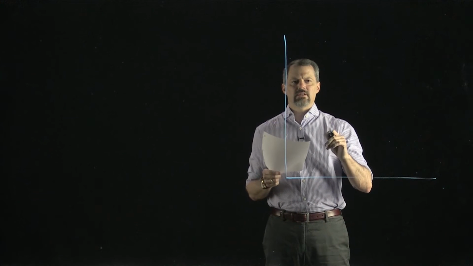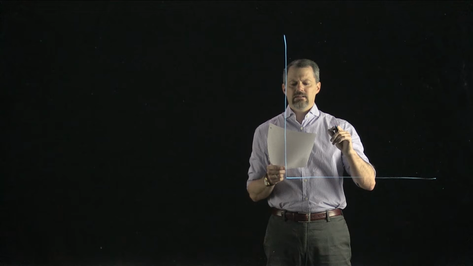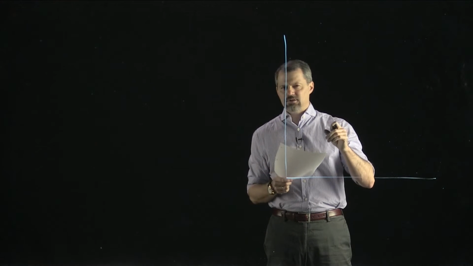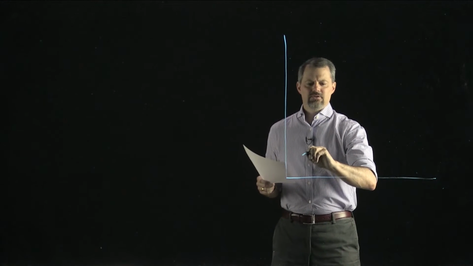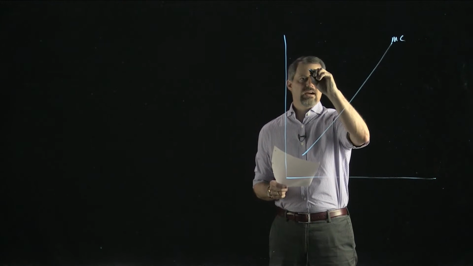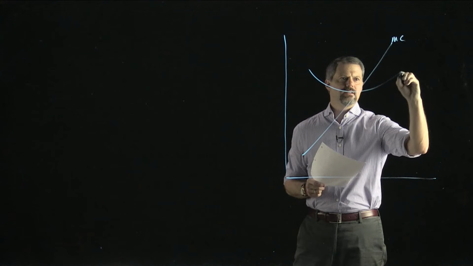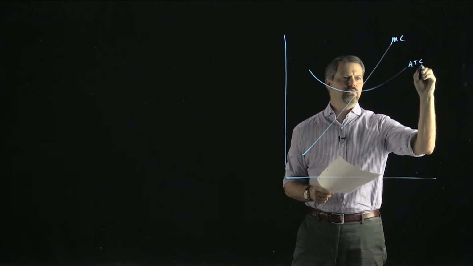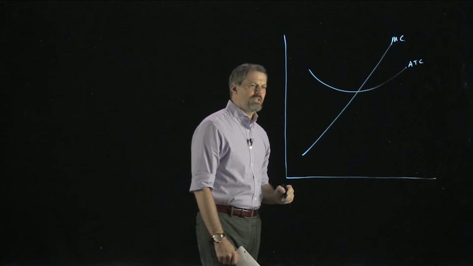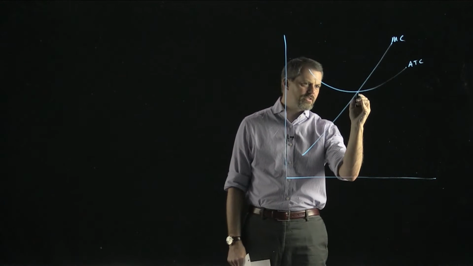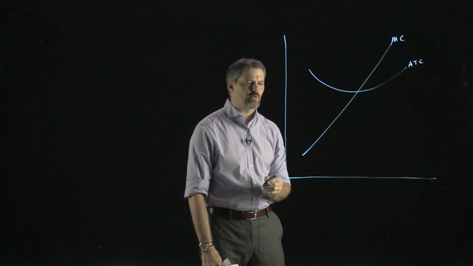So let's put in here the marginal cost curve and also the average total cost curve, because we need that average total cost in order to see what profit looks like. So here's our marginal cost. Let's put our average total cost in here. Remember, average total cost is U-shaped. It crosses that marginal cost curve right at the bottom of the average total cost.